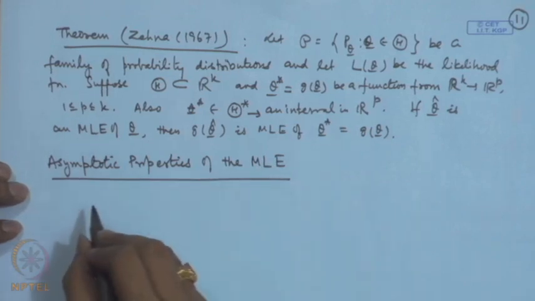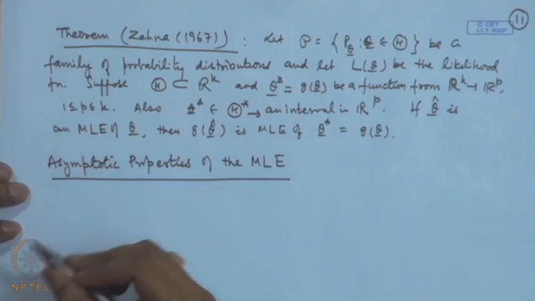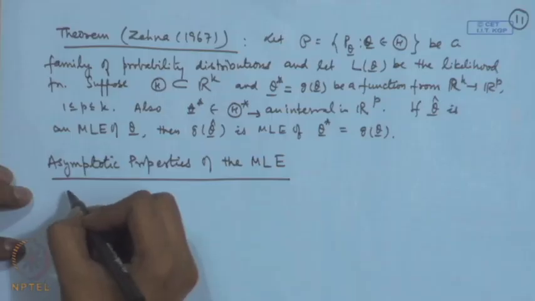Now, these properties are true under certain conditions, which we usually call regularity conditions. These conditions were initially given by Cramer, and are usually called Cramer-Rao or Frechet-Cramer-Rao regularity conditions. So, I will just call it regularity conditions.